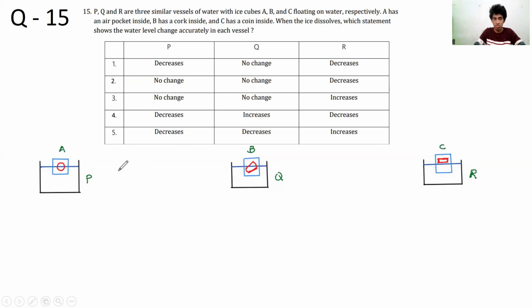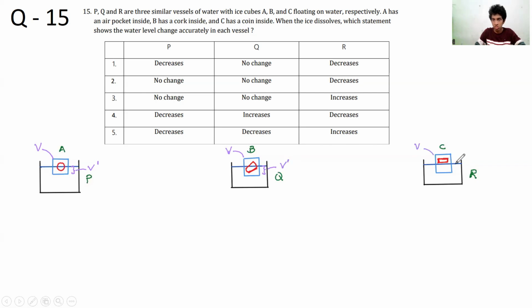Some of you may find this question difficult to solve, but you can try to solve it in this way. First, let's take the volume of the ice in the ice cube as V and the volume of the ice cube submerged in water as V dash. Here also the volume of the ice in this ice cube is V and the volume of the ice cube submerged in water is V dash.